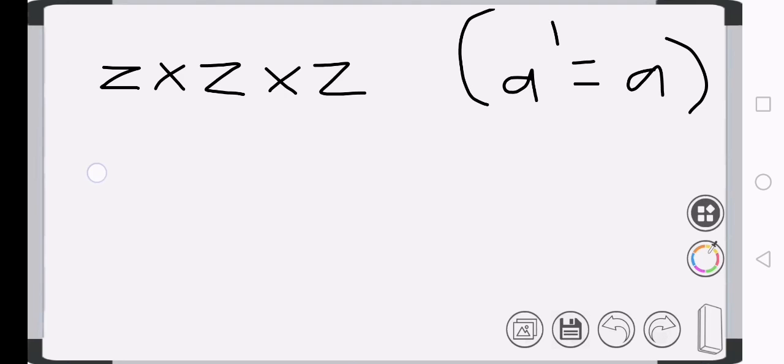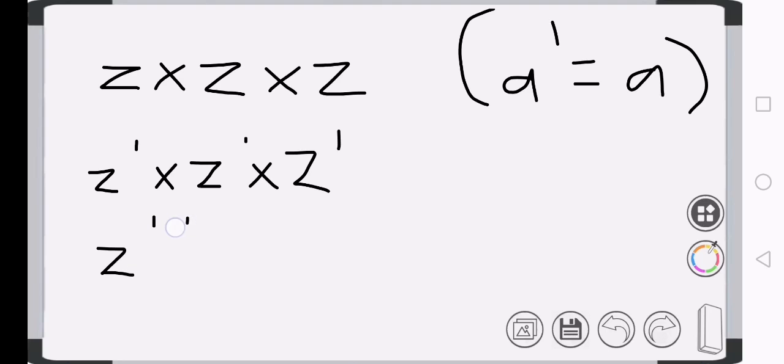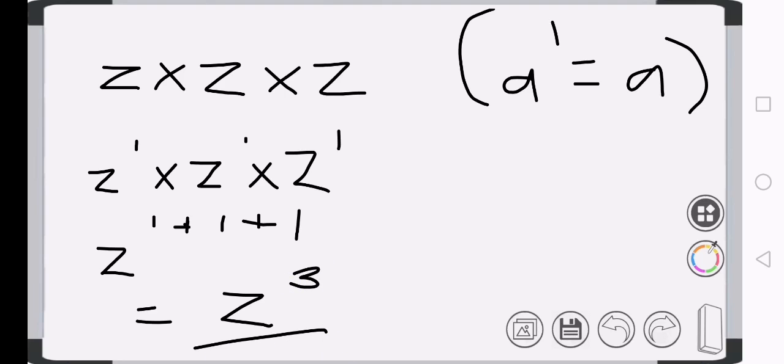So this is the same as z to the power 1 times z to the power 1 times z to the power 1. Note that the bases are the same. So this implies that it's going to be z to the power 1 plus 1 plus 1. And our final answer will be z to the power 3. As simple as that. I hope you're following.